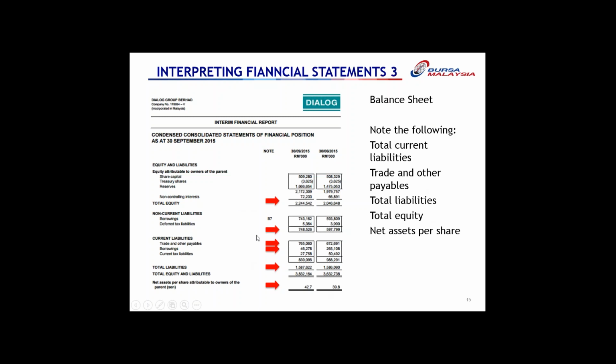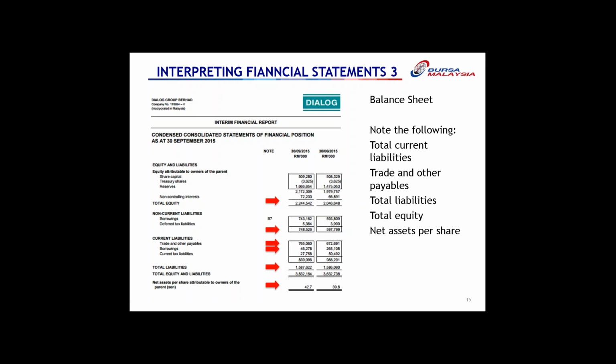Now for current liabilities, I'll be interested in borrowings. Non-current liabilities, also in terms of borrowings. So over here, we know that total borrowing is almost, to measure the kind of leverage, all this will fall into place. So it has a total liability of 1.5 billion here.